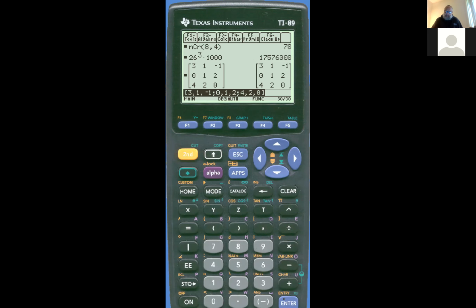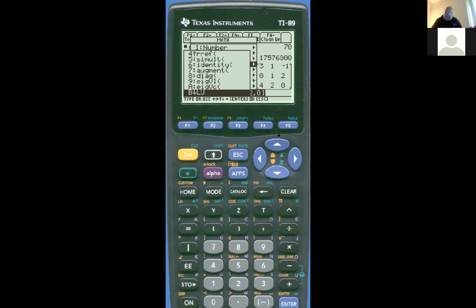I just like to enter them ahead of time. And then it's second math, that's number 5 button. Number 4 is matrix. And then if you scroll down a ways, you will find eigenvalues, which is number 9. So you want the eigenvalues of this matrix.